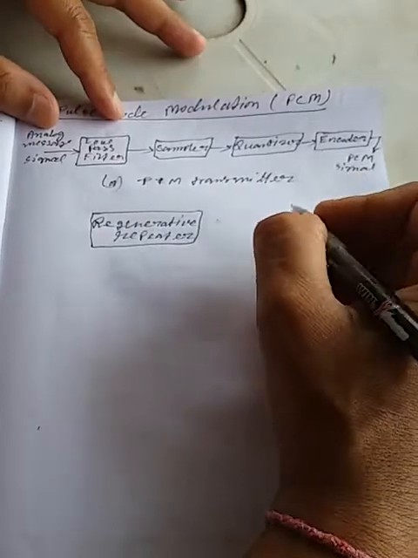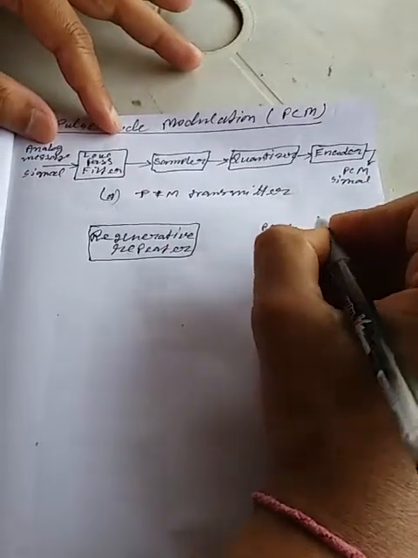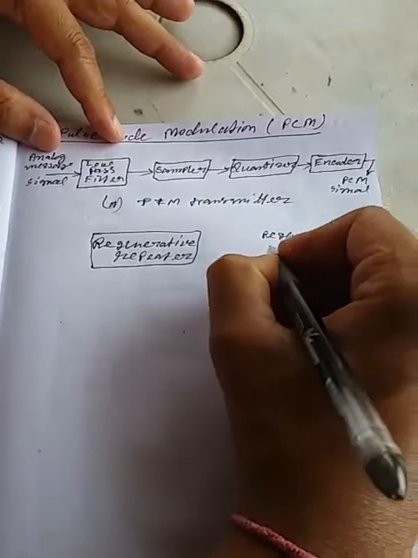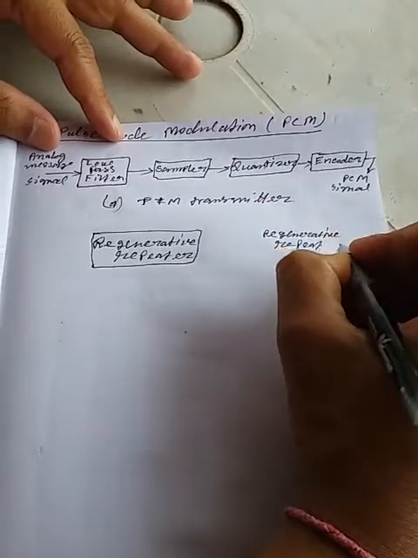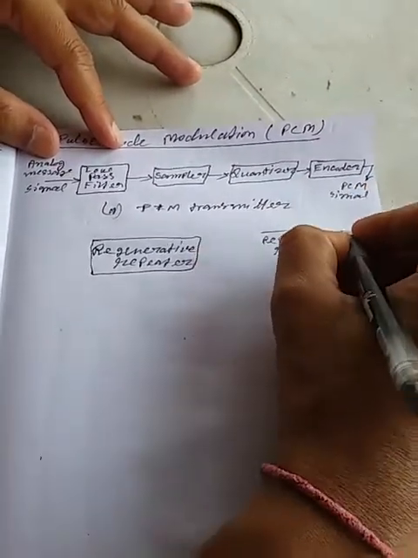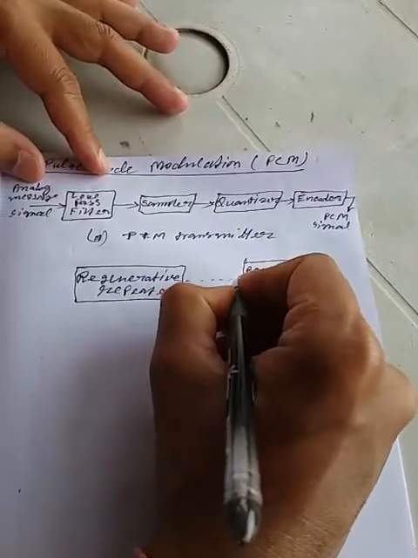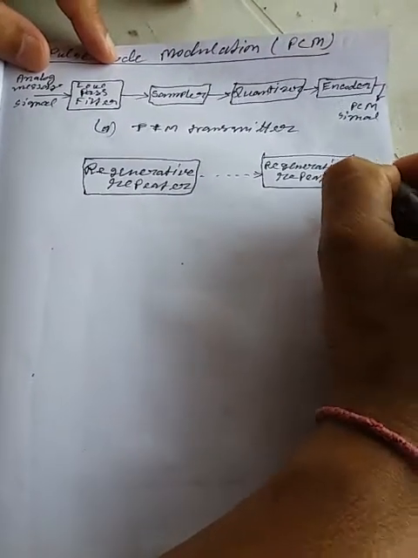One regenerative repeater, and here is another regenerative repeater. So there are so many regenerative repeaters in the transmission path.